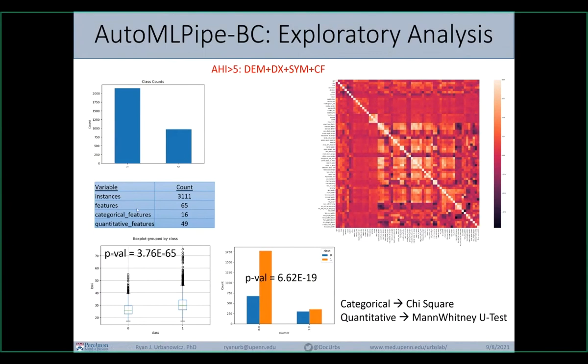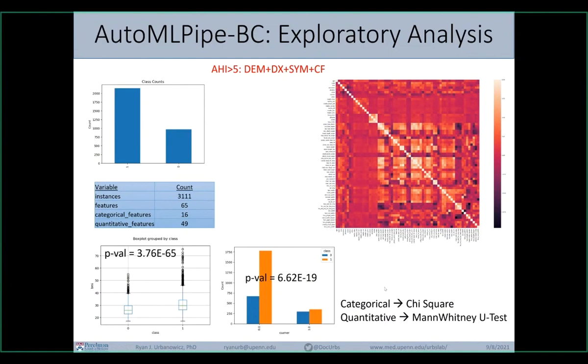But the user can also specify manually what features they want to be treated as categorical or quantitative. This exploratory analysis also outputs appropriate univariate statistical association analysis, as well as either box plots or bar plots based on whether a given variable is categorical or quantitative. So this exploratory analysis gives us an initial look at the entire original data set.